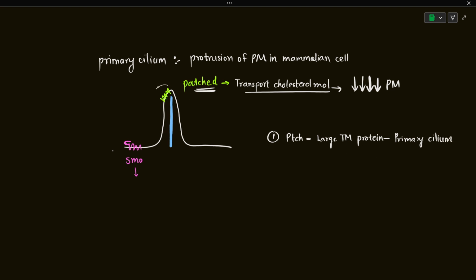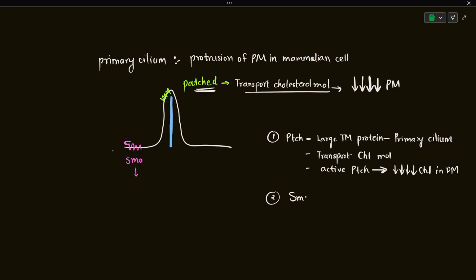It has the ability to transport cholesterol molecules, and when it is active, patched is going to transport cholesterol molecules, which is going to result in a decrease in the cholesterol concentration in the plasma membrane. Okay, right?